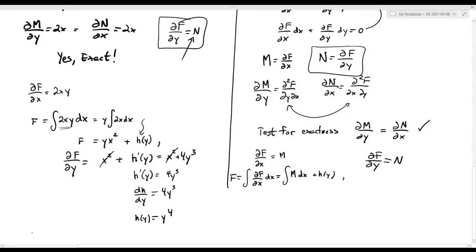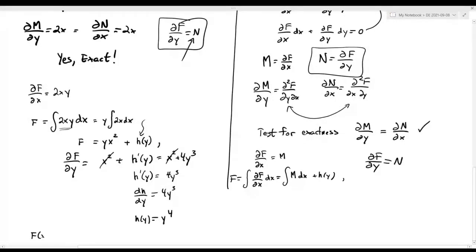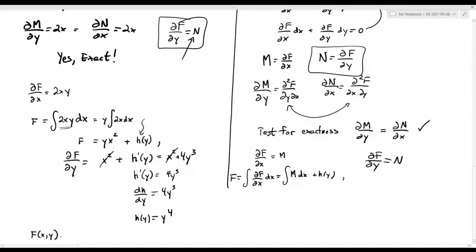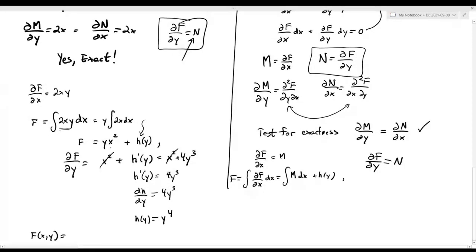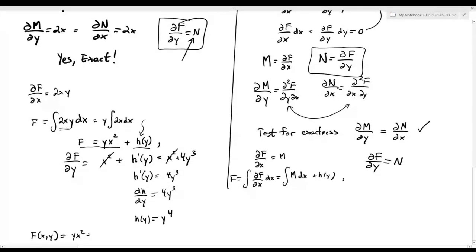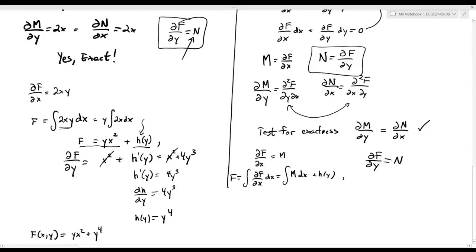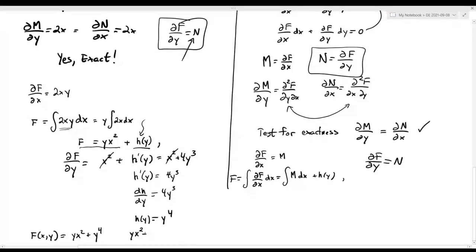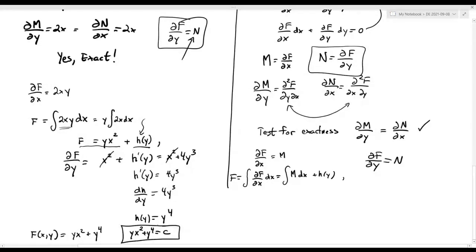Okay, so now we can finally write our function of x and y, big F. It is y times x squared plus h of y, which we found to be y to the 4 power. And then the solution curve would be where the level curve for this function is some arbitrary constant. It's a general solution, right, because of that arbitrary constant.